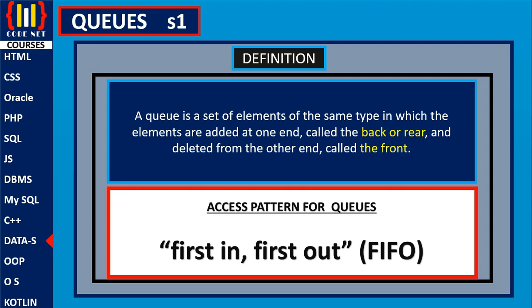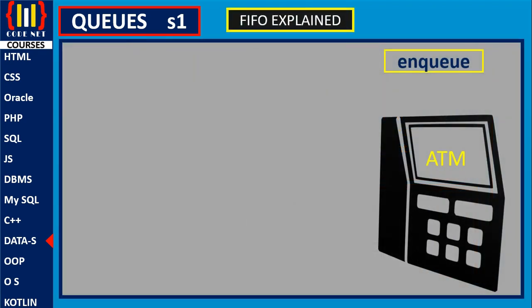First in, first out. If we were to illustrate FIFO from a professional point of view, this is what we can do. So we have an ATM machine. I don't know if it looks like an ATM or whatever. Let's say people start to line up now. They want to withdraw funds from the ATM machine.